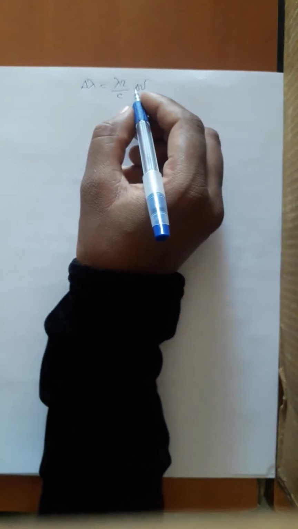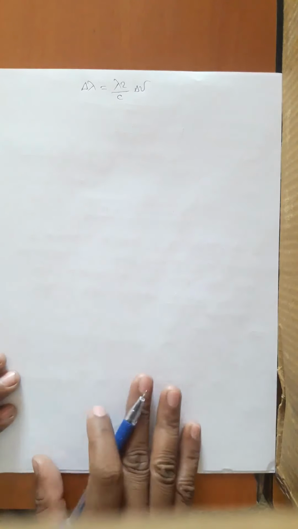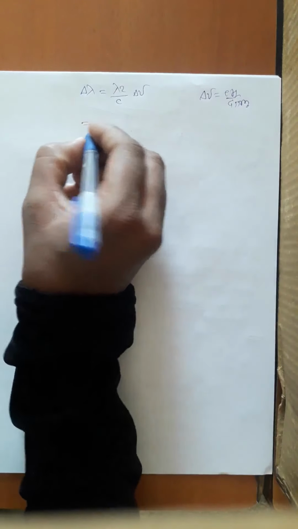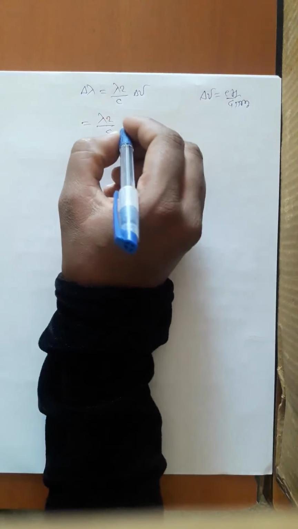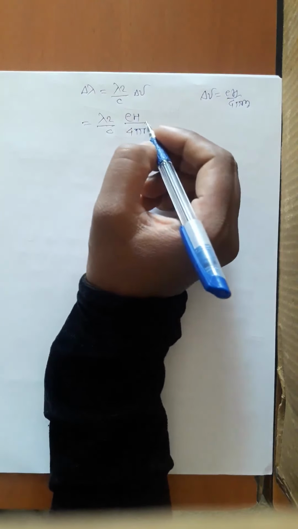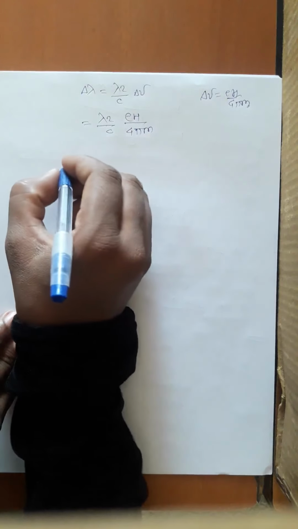And what is the value of delta nu? Delta nu is equal to EH upon 4 pi m. Substitute here. Therefore delta lambda is lambda square upon C into EH upon 4 pi m. Now substitute all these values.